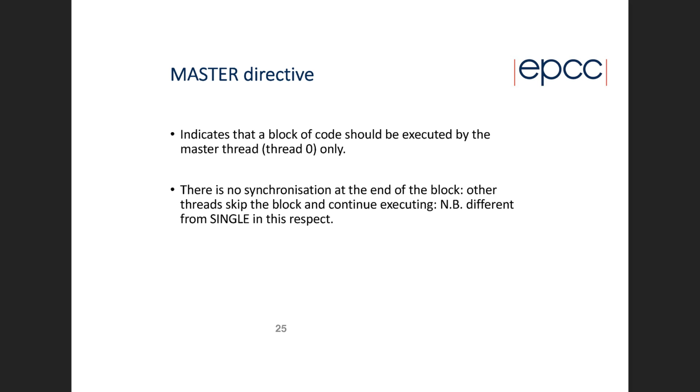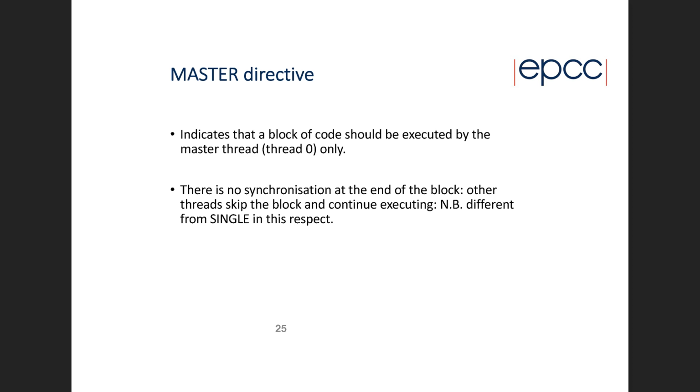As we'll see tomorrow, there is a way to add an explicit barrier at the end of master, and it turns out you quite often do need to do that. So it's a bit of a strange design decision. With single, any thread can execute it, and there is a barrier which you can get rid of.